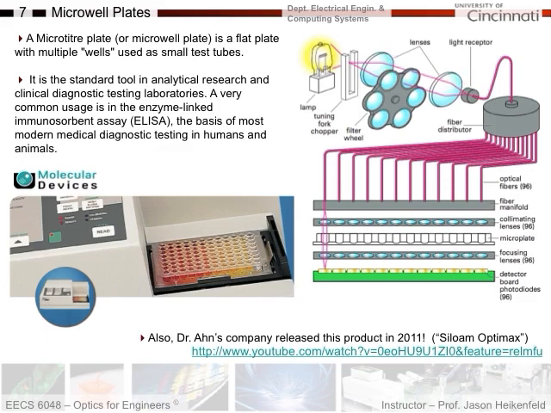You've got some lenses and a filter wheel to get the right color for excitation here. It goes into a fiber distributor, and then you've got light coming through these lenses, so it shines down to each of these. The lenses then focus it down onto a detector board which has 96 photodiodes here. So you can use this to get very high sensitivity and rapid parallel imaging of fluorescence intensity.